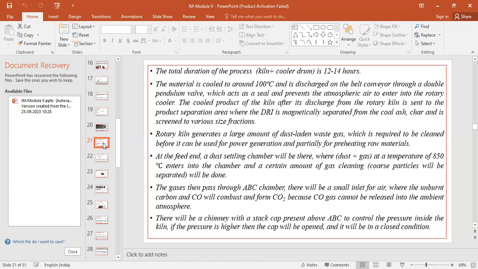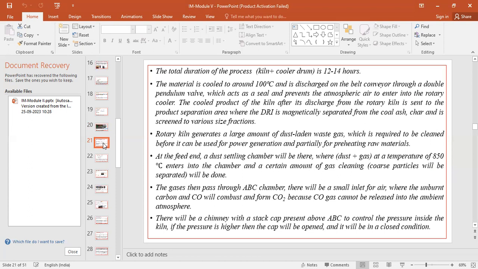The cold DRI which comes from the cooler will be discharged from the rotary kiln site to the area called the product separation area.